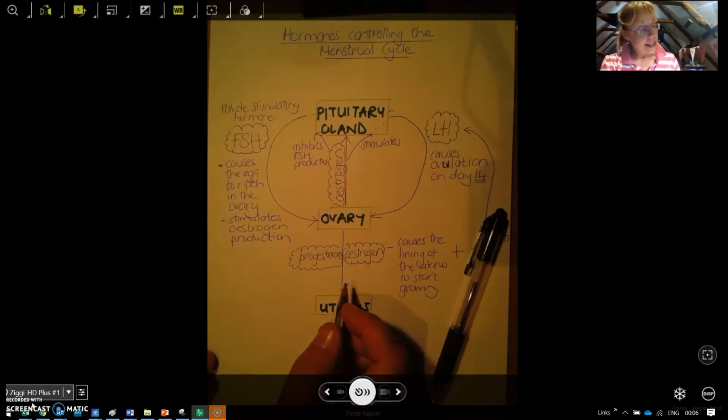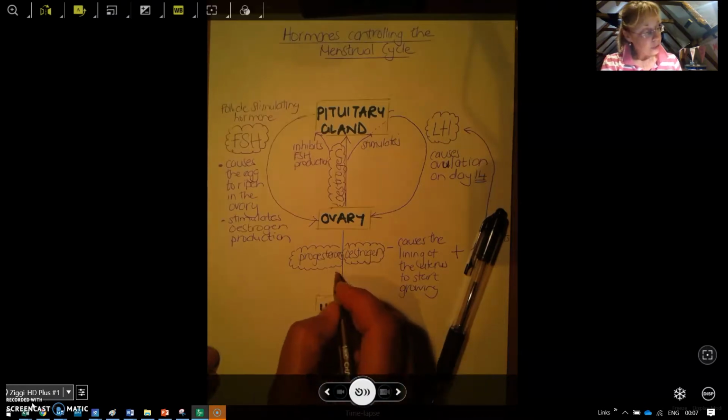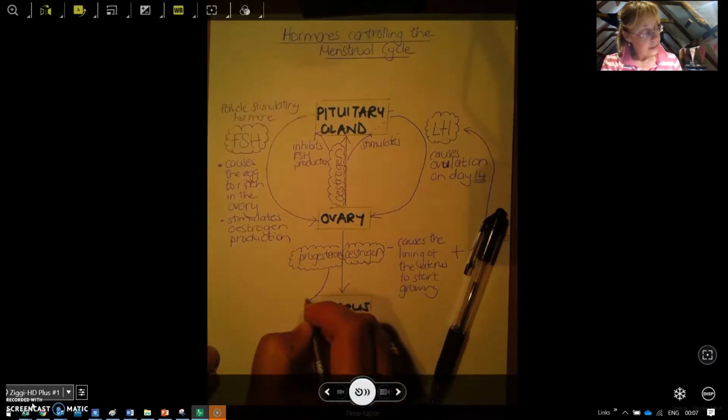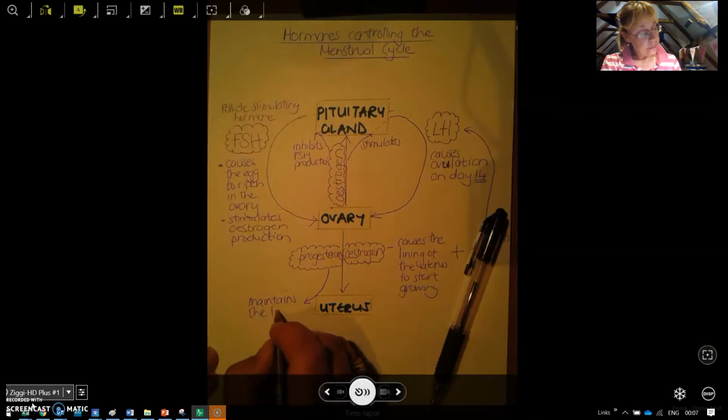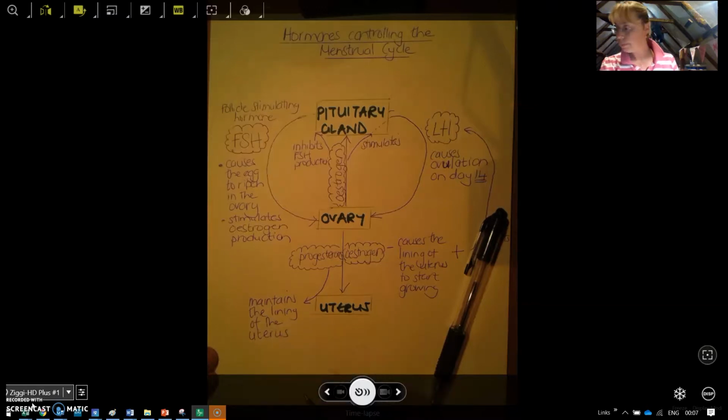So it maintains the lining of the uterus. So that's in the second half of the cycle.